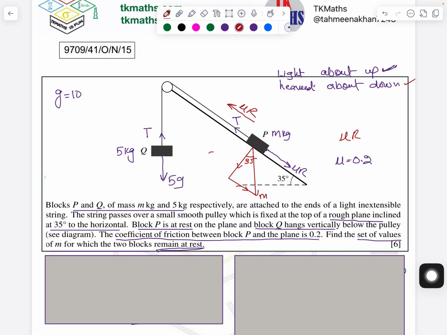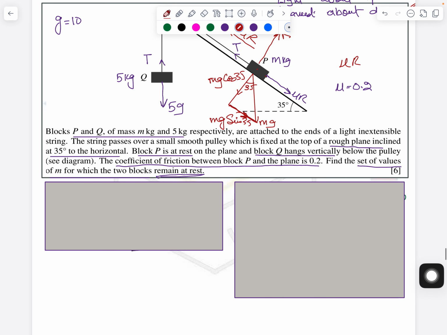So this will be mg cos 35, and mg sin 35. This is acting downward always, the weight. And one more force, which is the normal reaction. So the equations for these two conditions we will solve here one by one.